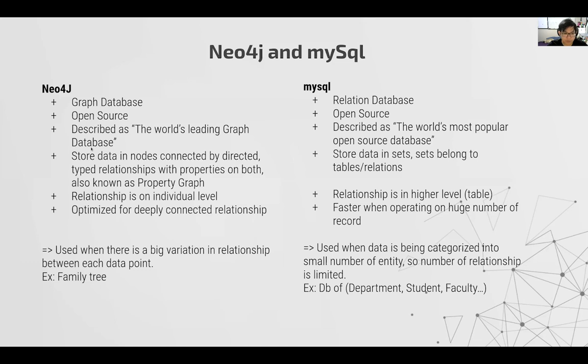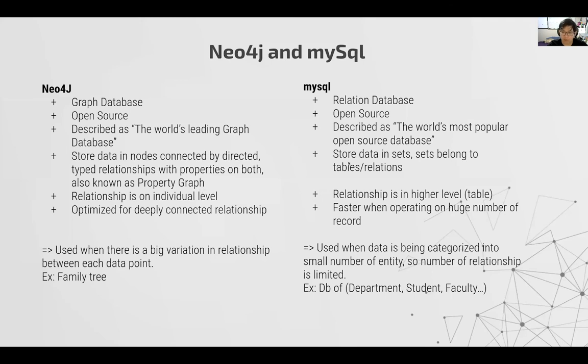Here comes the difference. Neo4j stores data in nodes, and the nodes are connected to another node by directed, typed relationships with properties on both sides, also known as a property graph.